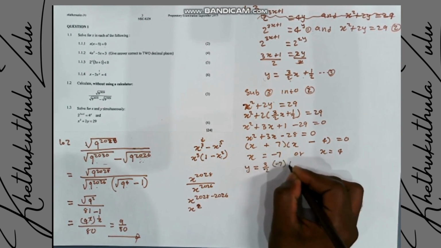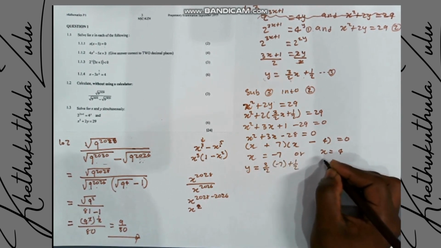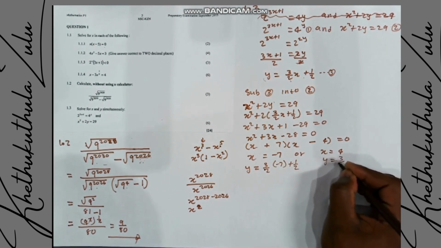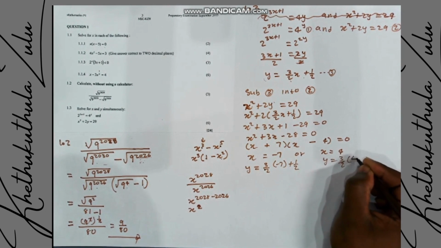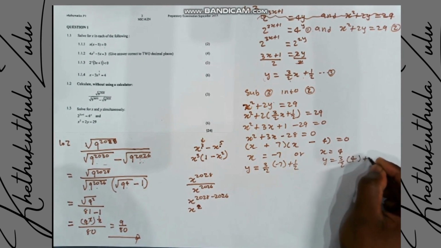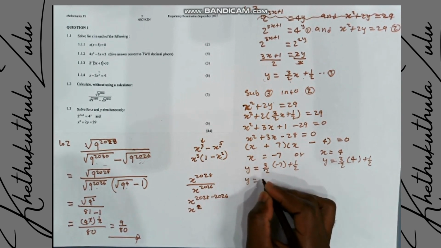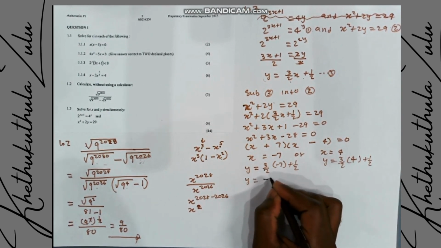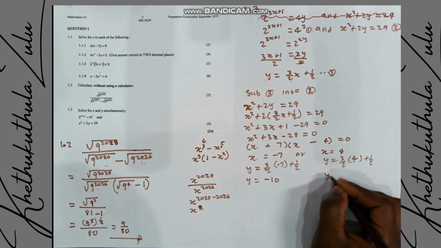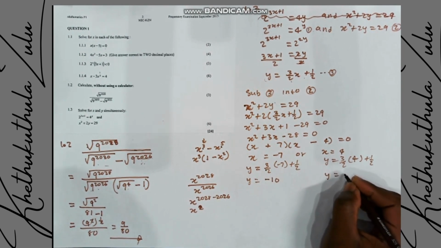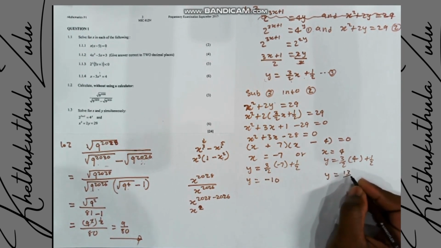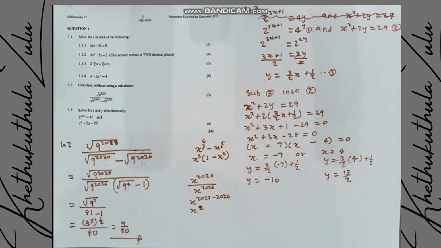Negative 7 plus 1 over 2, also on this side 3 over 2, putting 4 plus 1 over 2, then y is equal to, when x is negative 7, y is equal to 10, and where x is 4, y is equal to 15 over 2. And we are done, guys.